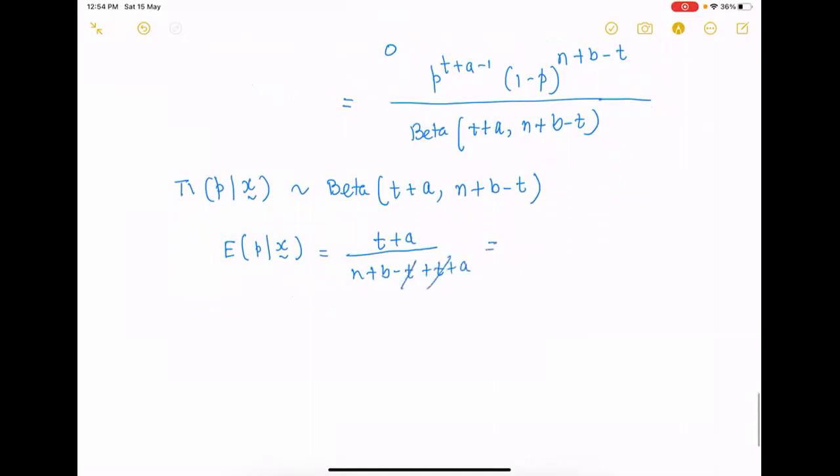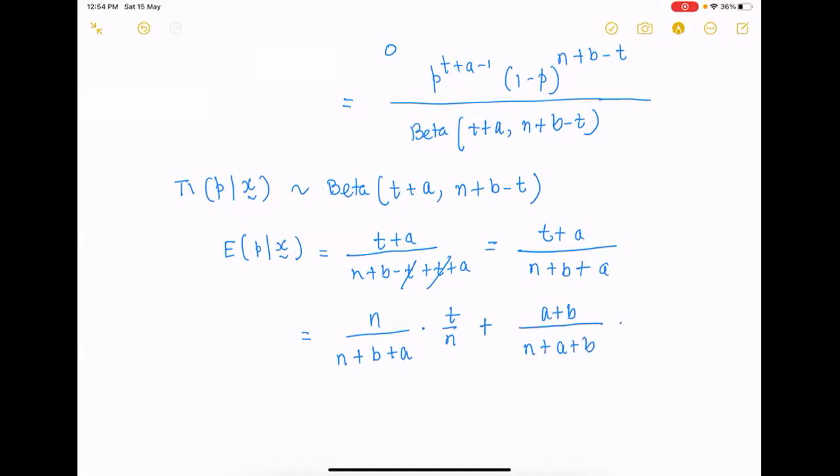So this T cancels, and it turns out to be (T + A) / (N + A + B). Now I can write this as N / (N + A + B) times T/N, plus (A + B) / (N + A + B) times A / (A + B).